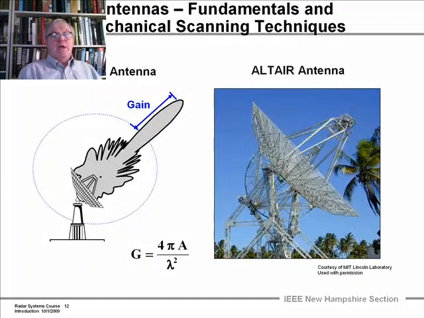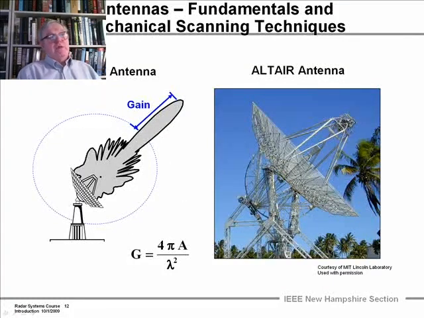Okay, the next lecture will be on antennas. We'll look at the fundamentals of mechanical scanning techniques. We're going to look at the concept of gain: the increase in directivity of the antenna over that of an isotropic source at its location.